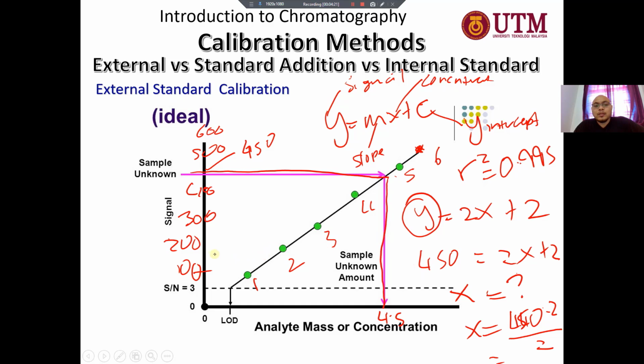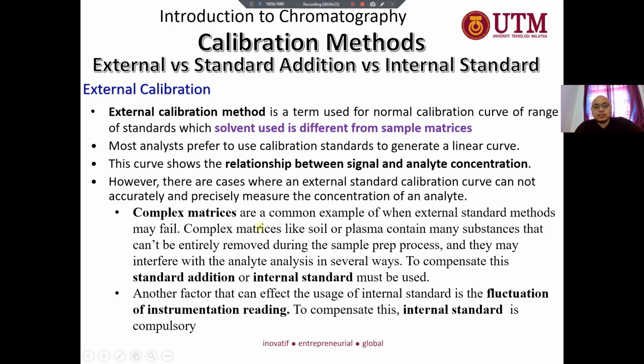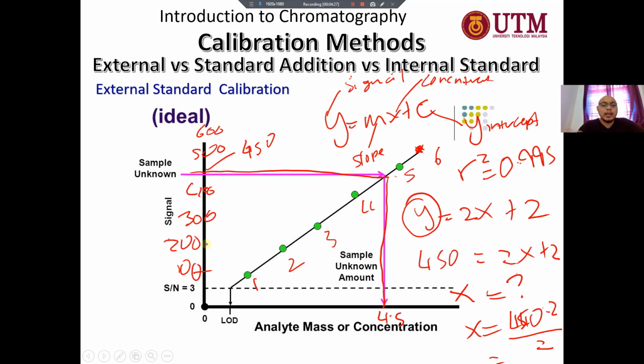Okay. By doing the calibration curve as well, you can determine the LOD and LOQ. The LOD usually must be lower than the range of the calibration curve. For example, here you make the calibration curve from 1, 2, 3, 4, 5, 6 ppm.